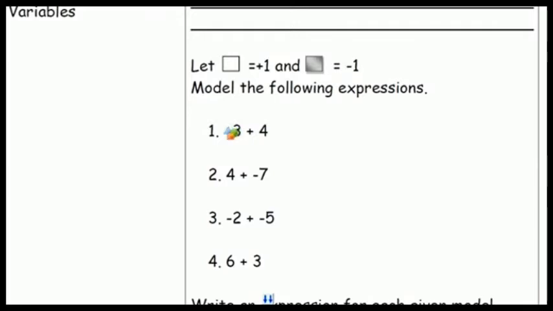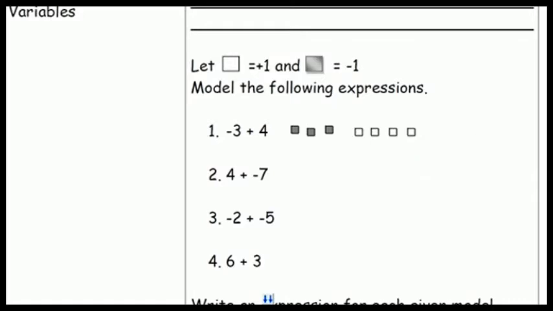It's going to have to be 3 negatives, right? So it's going to be 3 of them that are shaded. So it's going to be 1, 2, 3, 3 negatives, plus 4 positives. And the 4 positives are 4 that are not shaded. So I'm going to do that by 1, 2, 3, and 4. Okay, that's how you model it.